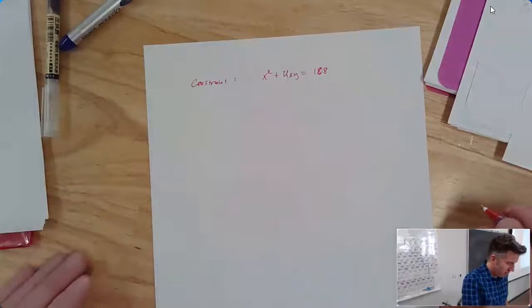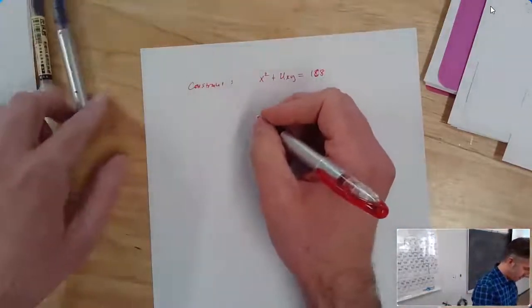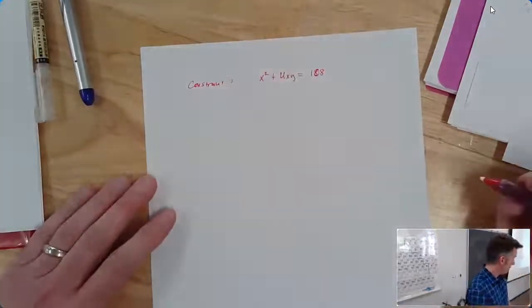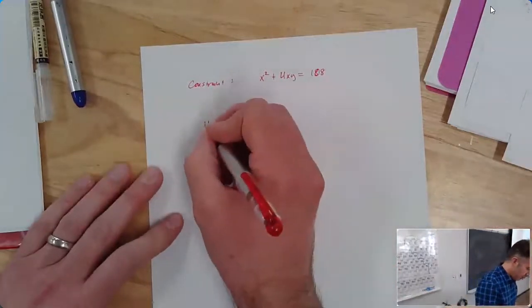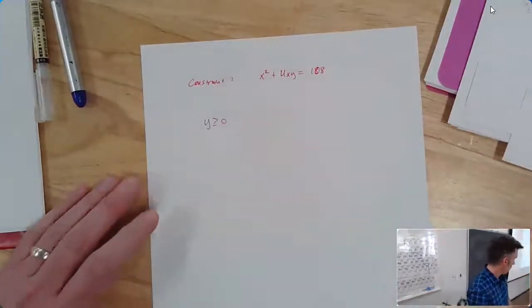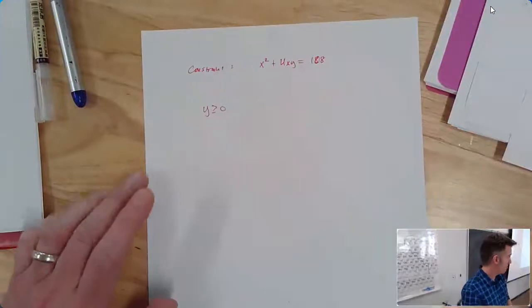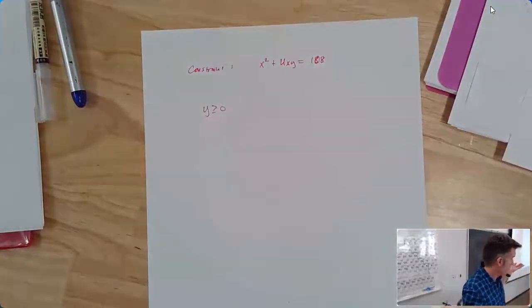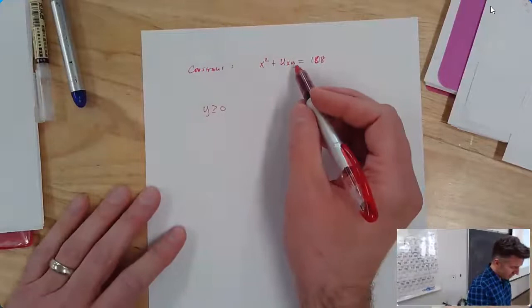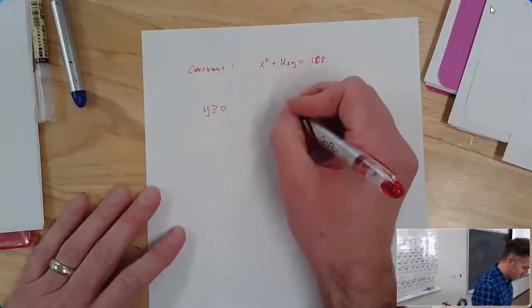So if I'm trying to think about how big X can be, first of all, let's say Y has to be positive or non-negative, because if Y is negative, that doesn't really make sense. And X has to be non-negative as well.